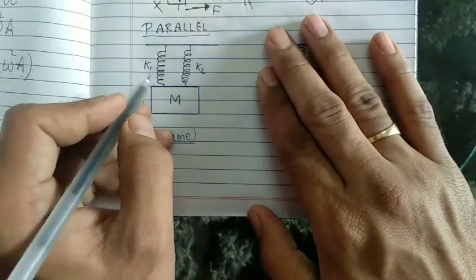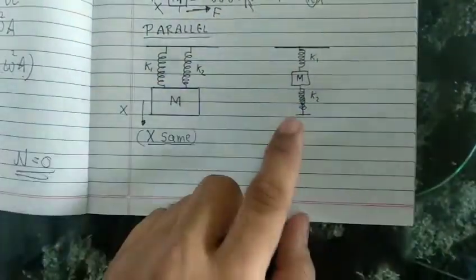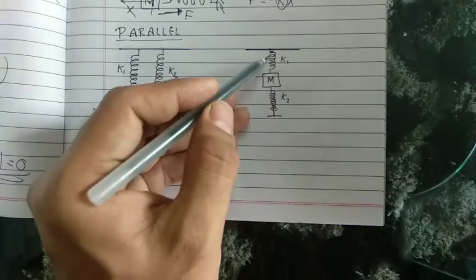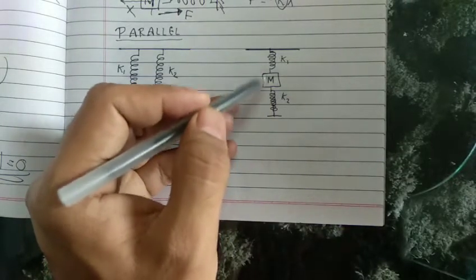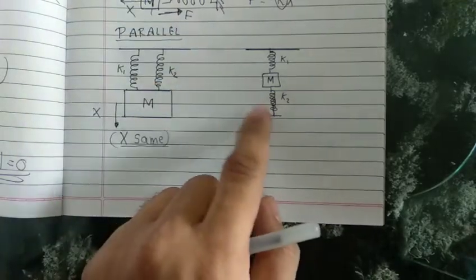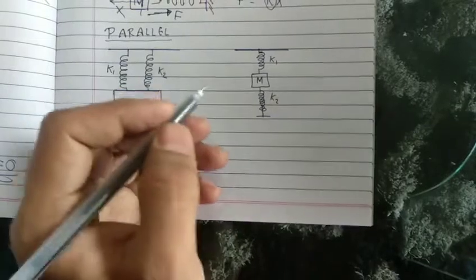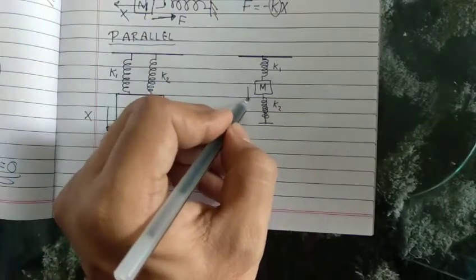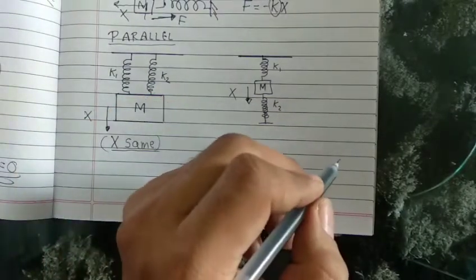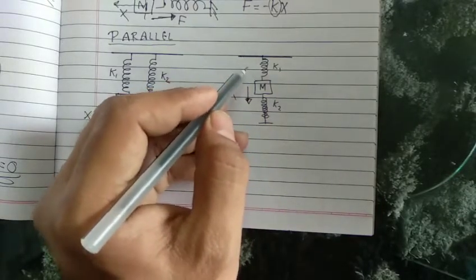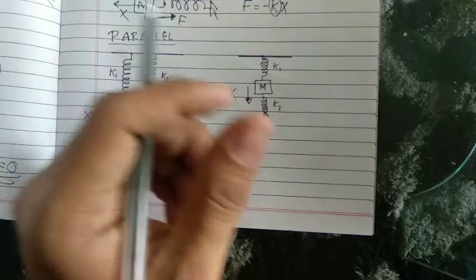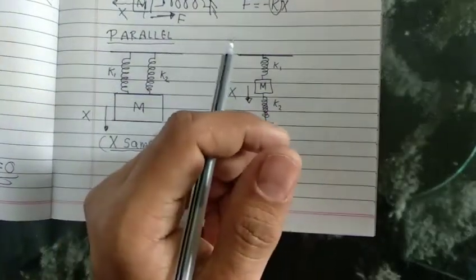Now, if you look at this diagram, here also you may feel that these two springs are in series, but no, these springs are also considered to be in parallel. Why? Because if this block goes down by x centimeters, the upper spring will stretch by x centimeters and the lower spring will compress by x centimeters.